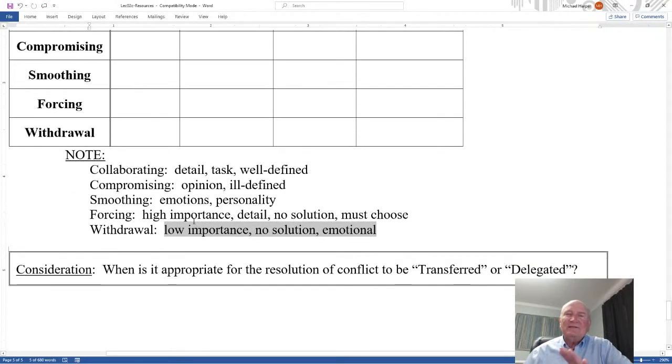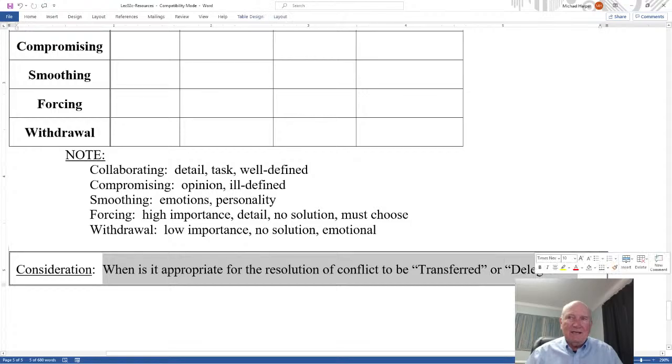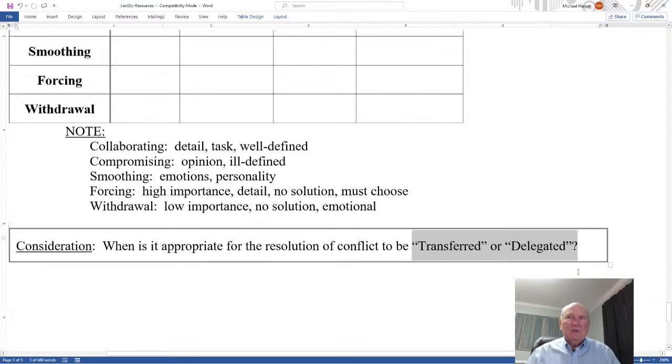Finally, consideration. And I throw this out there at the end because this is a whole area that we could look at. When is it appropriate for the resolution of conflict to be transferred or delegated? Now, what do I mean by transferred and delegated?